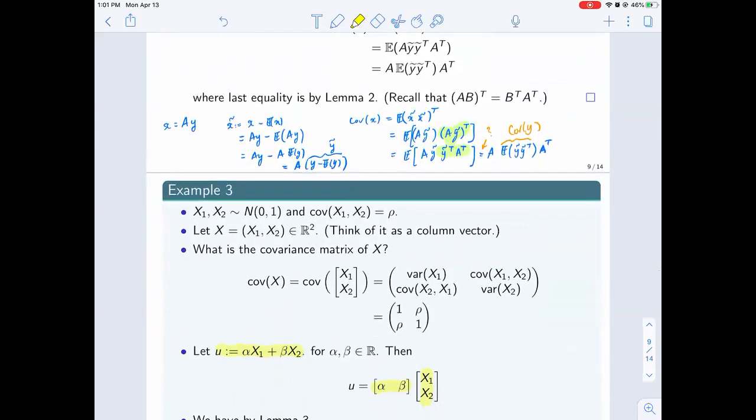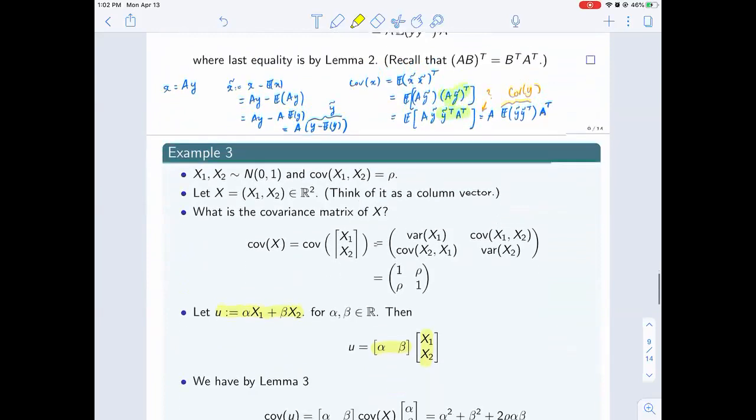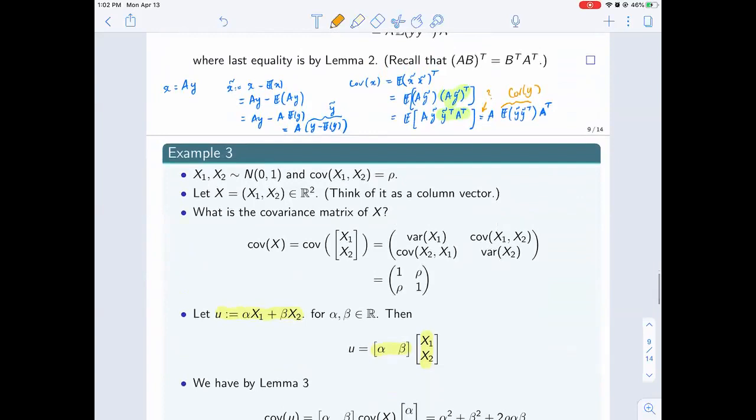I think you can just think of alpha beta as a 1 by 2 matrix and then apply lemma 3. Yes. Who's talking? Xixing. Okay. So yes, I'm going to call this A. It's a 1 by 2 matrix.